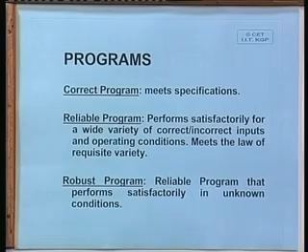Then there are 3 important categories in which we can classify programs. One can be called a correct program, a reliable program, and a robust program. These concepts of correctness, reliability and robustness are universal, not only for programs, they could be for almost any other concept. So, you may say correct design, reliable design, or a robust design, alright. Usually the word correct is used whenever the particular thing meets the specifications.